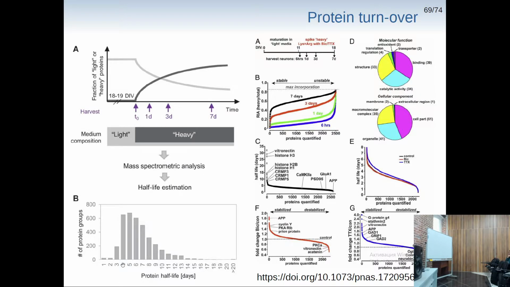As you can see, for most of the proteins, half-life is about 5 to 6 days for human neuron cells. And of course, there are some proteins which are here to stay for longer. For instance, cytoskeleton proteins and some other proteins, histones. Of course, they are not quite often disassembled and synthesized.